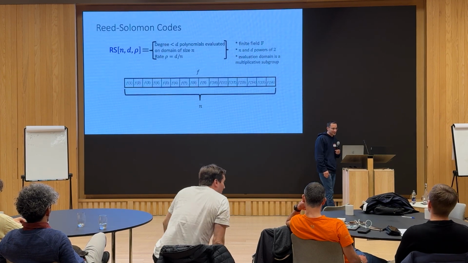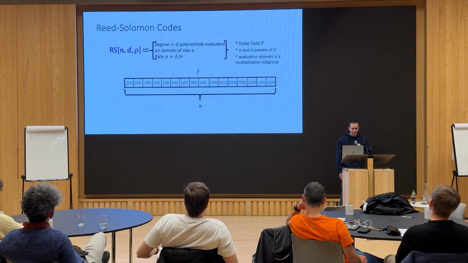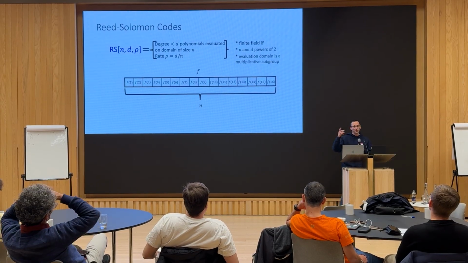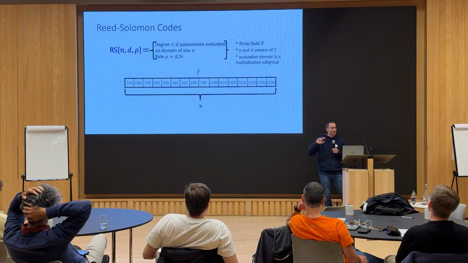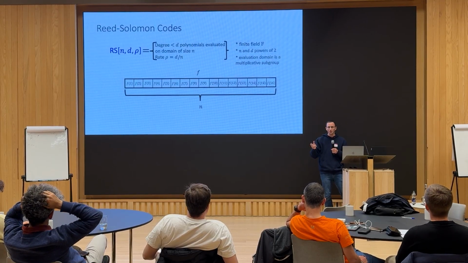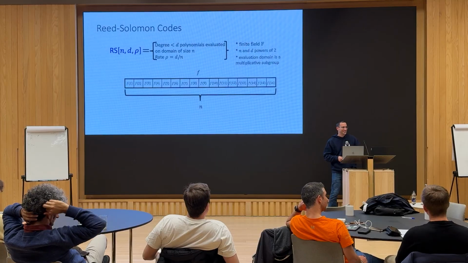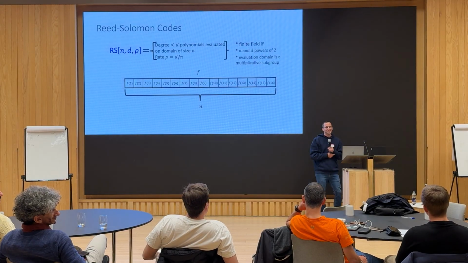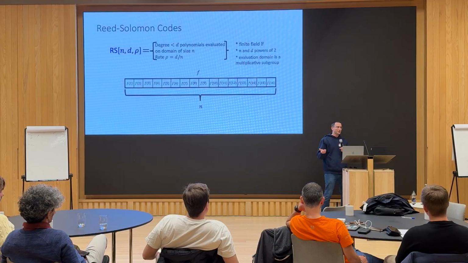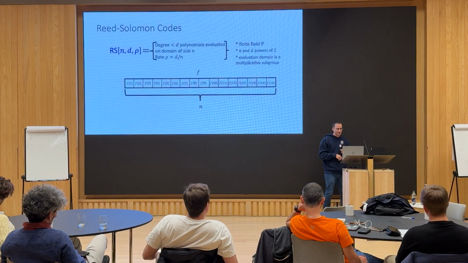So STIR is improving the rate, right? Coding people told me that you're not improving the rate, you're making it worse. So it depends how. Better for the verifier, worse for the prover, basically. Yeah, better for the verifier, worse for the prover.